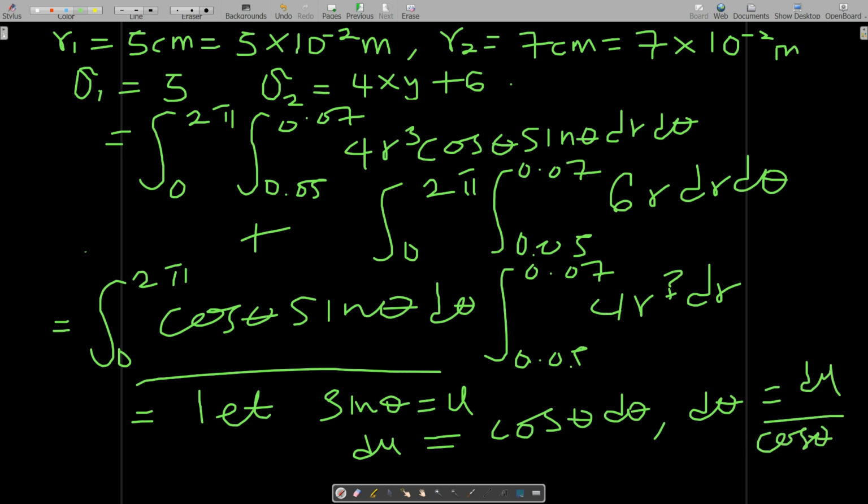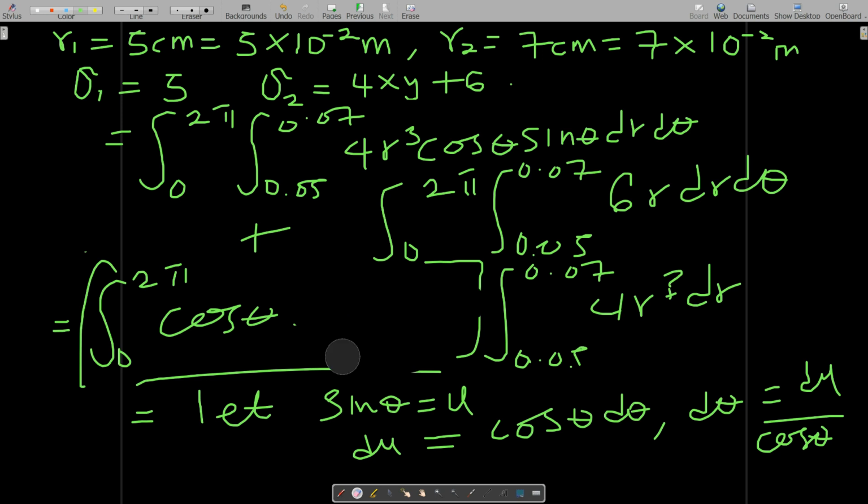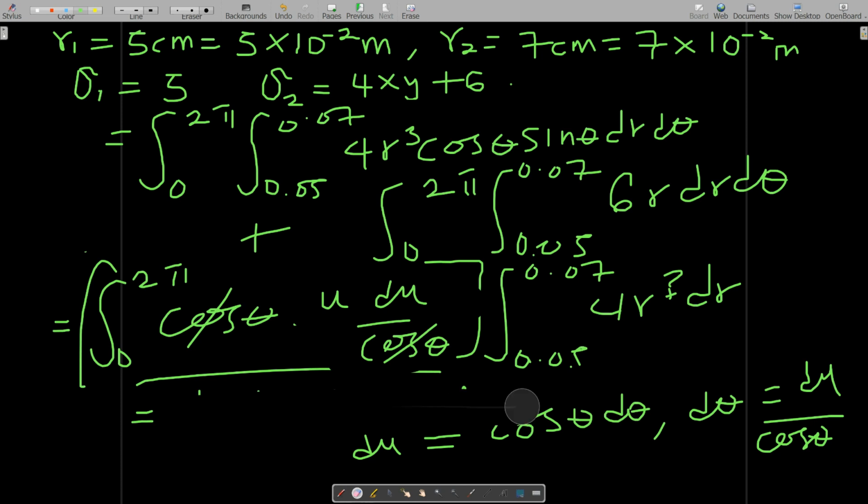So you just come and put it there in the first side. u is sine theta, so I erase it and put it back there, so I get u, then d theta is du over cos theta, then this will take this.